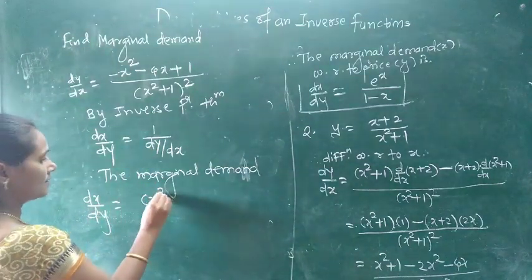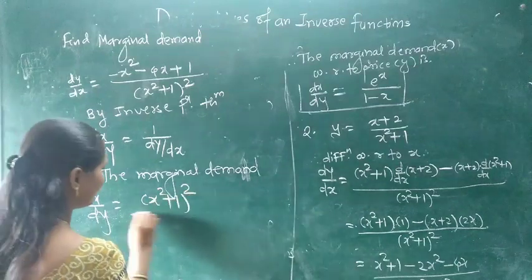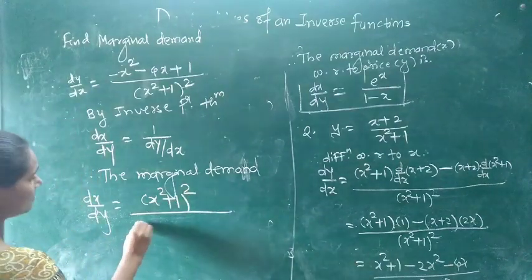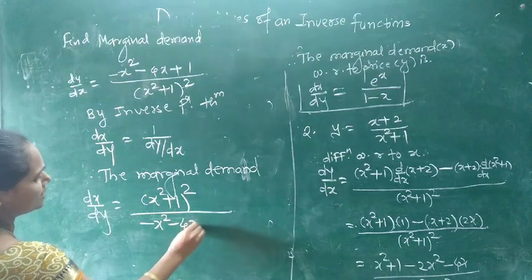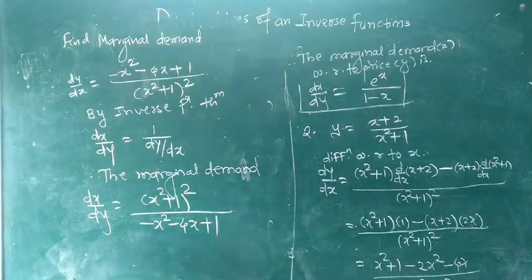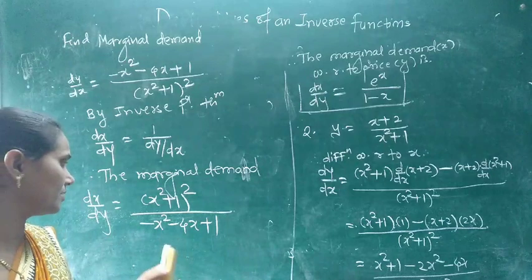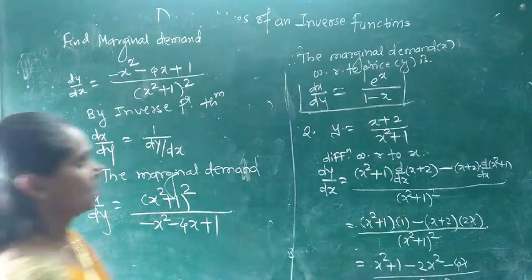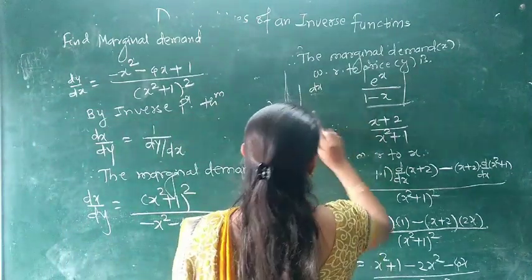That means (x square plus 1) whole bracket square divided by (minus x square minus 4x plus 1). That is the marginal demand with respect to price y.